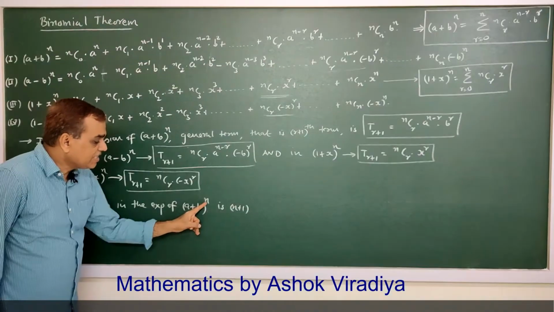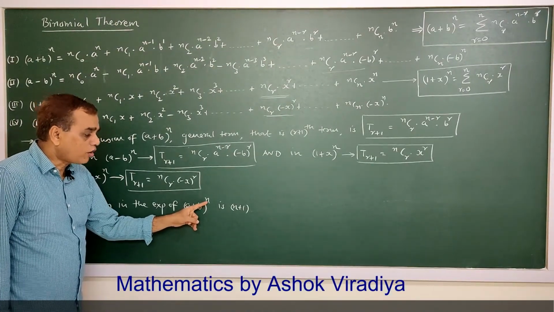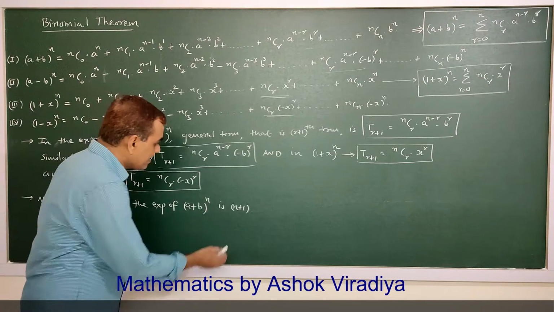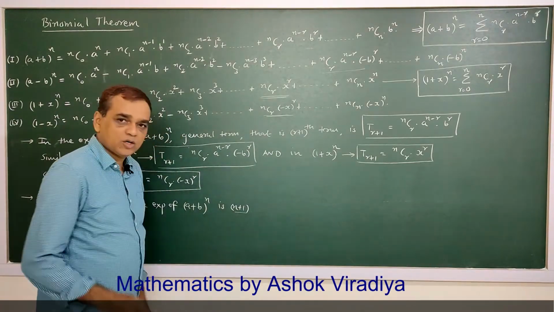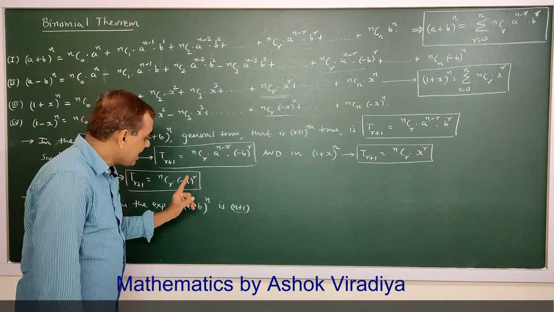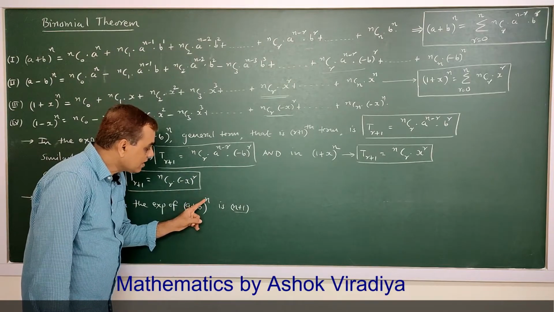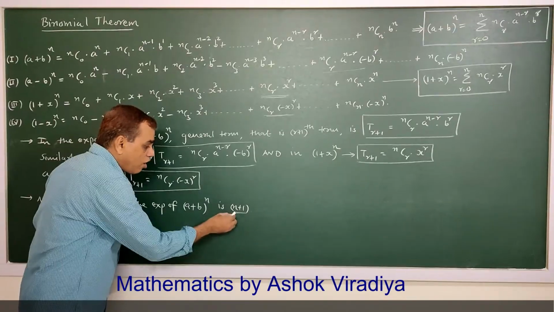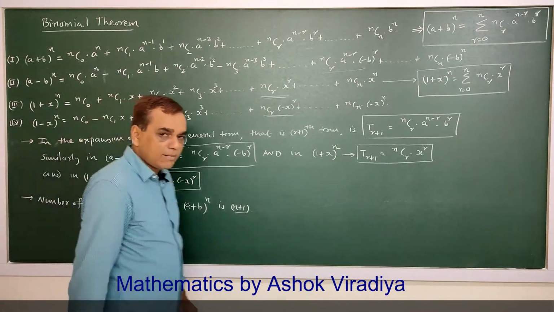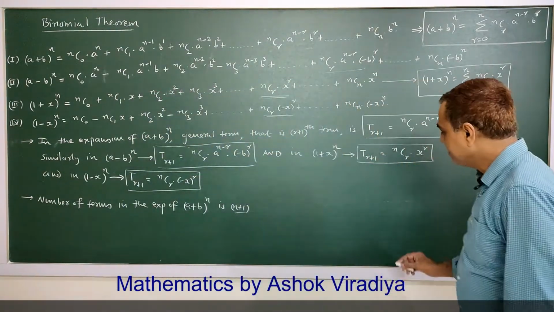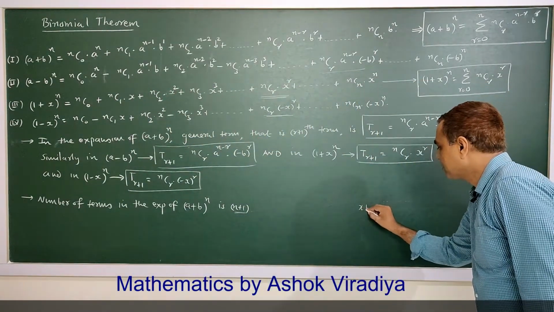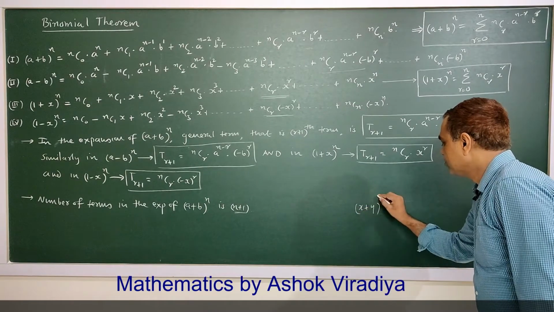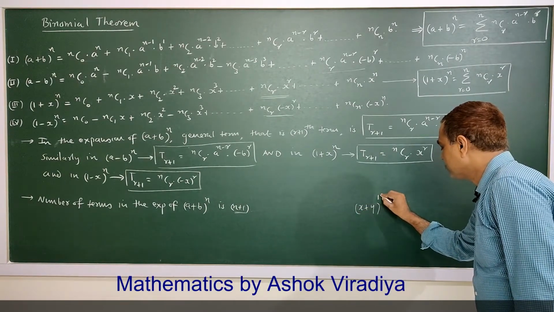So if n is odd, then the number of terms will be even, one more. If n is even, this will be odd. For example, if we expand (x plus y) raised to 11, suppose I take here 10.